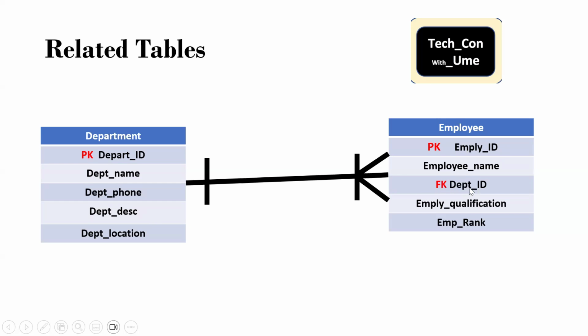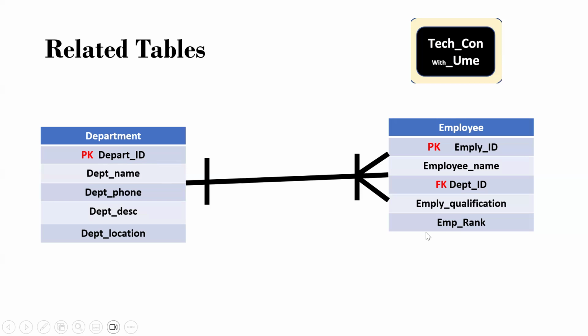So you can see that department ID is the foreign key, representing this department ID, which is the primary key in the departments table. We indicated in part 2 that with respect to the relationship representation between two tables, the table on the side containing the one side of the relationship is where our primary key will be denoted.